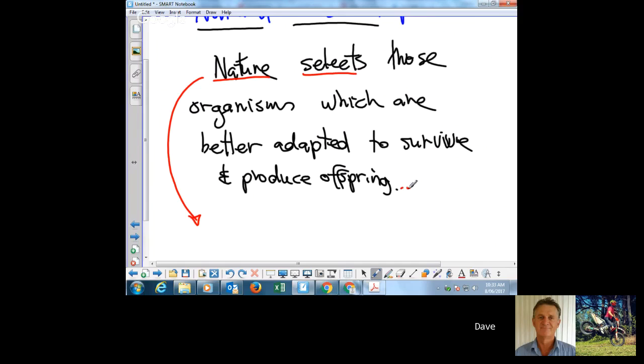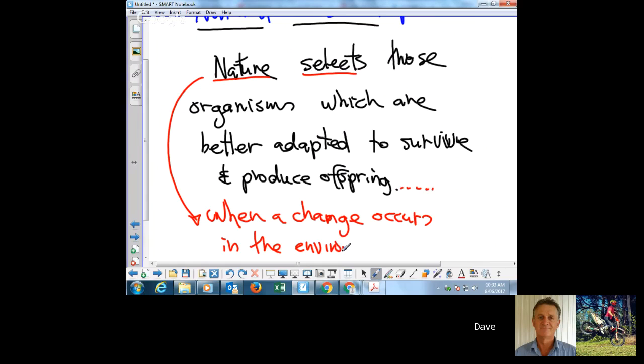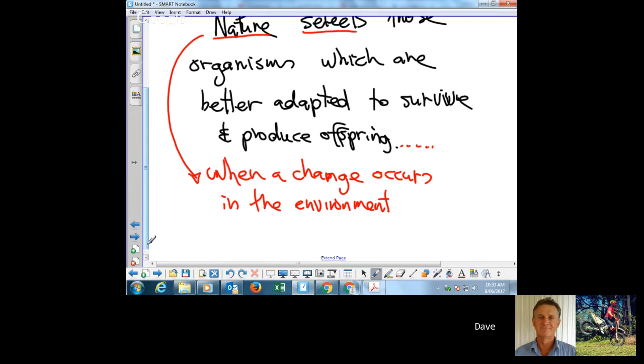So nature selects those organisms which are better adapted to survive and produce offspring. And we need to put here when a change occurs in the environment. So natural selection won't happen if everything stays the same. It's only when there's a change in the environment. Now remember, the environment includes two parts.